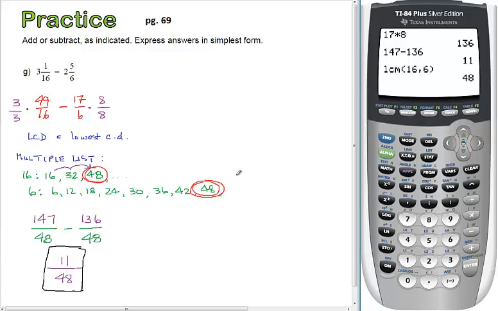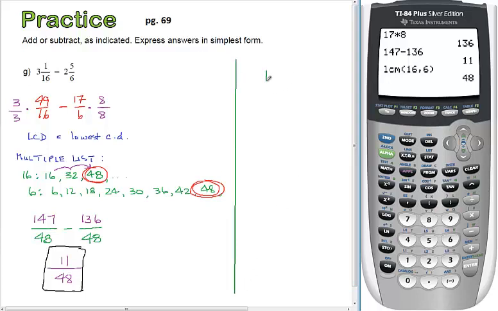Now, we could also have done it another method. I'll go over here now to the side, let me just draw a line down here to separate them. So we could have also used what some people call the cross product method.